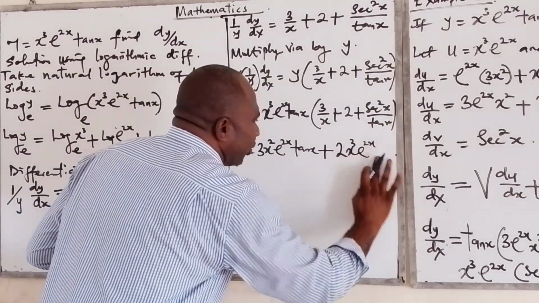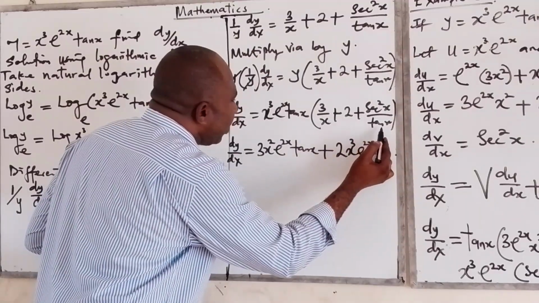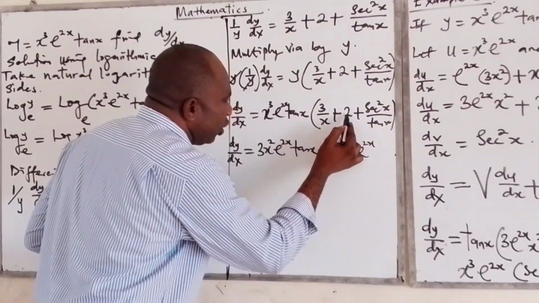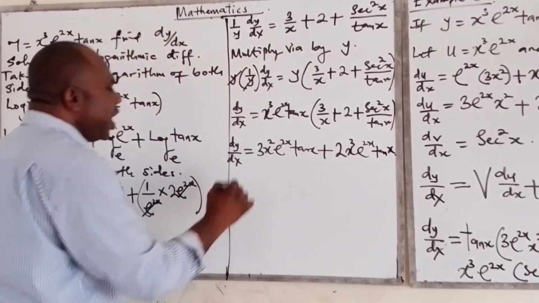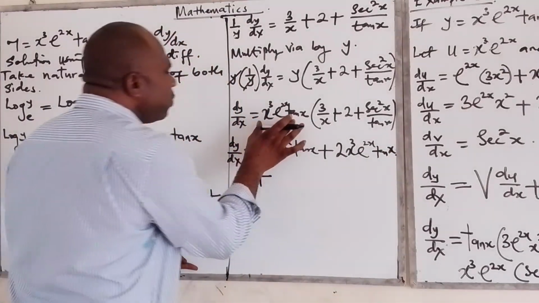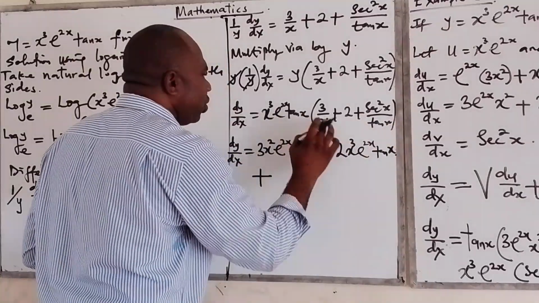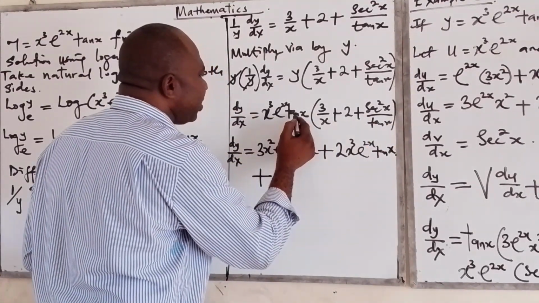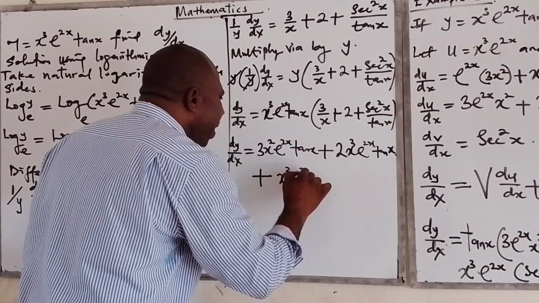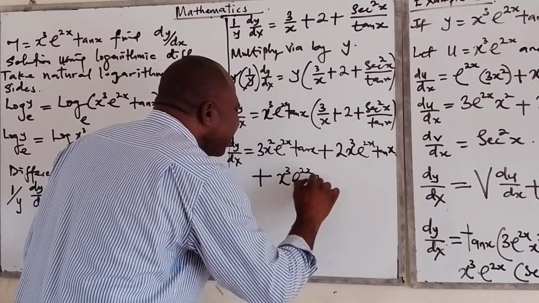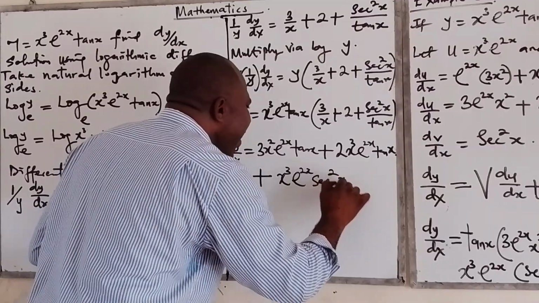Now, this tan x will cancel this tan x. So here we have plus, when you multiply the whole of this by this, this tan x will cancel this tan x. So we have x raised to the power of 3, e raised to the power of 2x, then we have sec squared x.